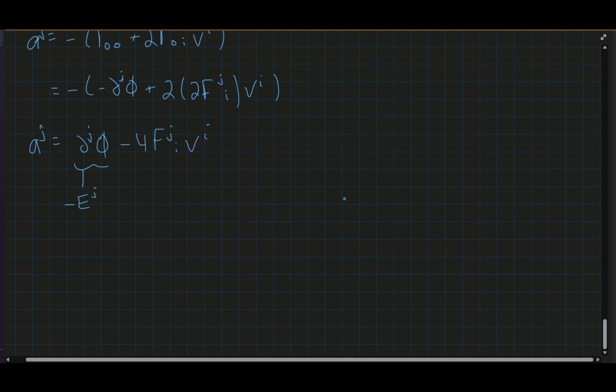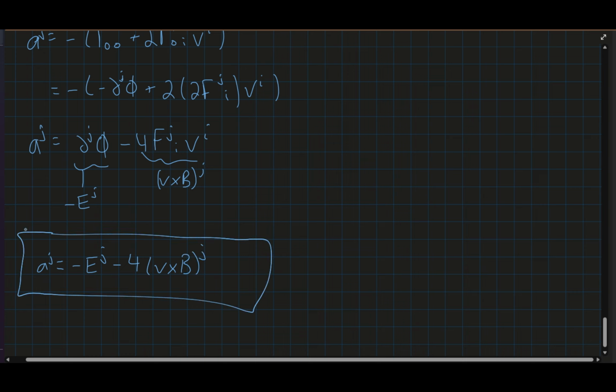And we know that this term is nothing other than (V cross B)_J. So let's go ahead and rewrite this. I could say A_J is minus E_J minus 4 (V cross B)_J, which is exactly what the problem asked for.